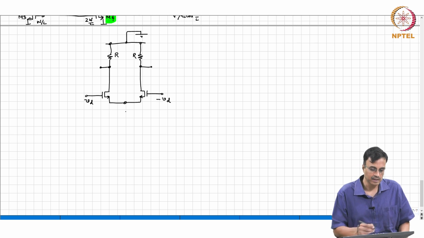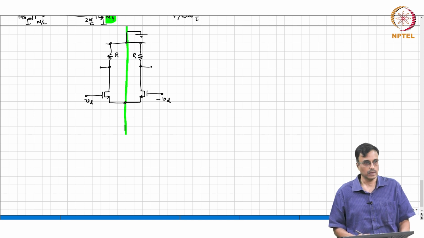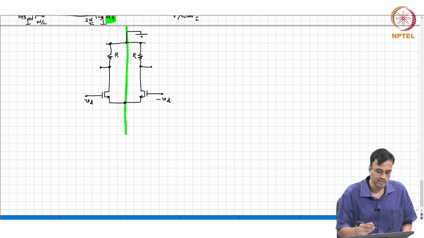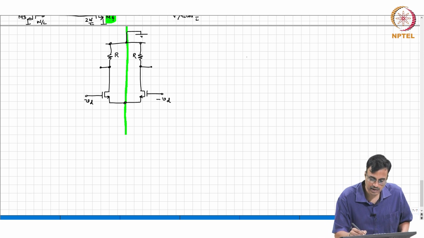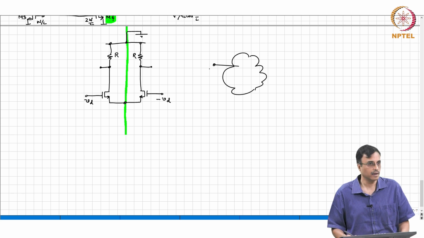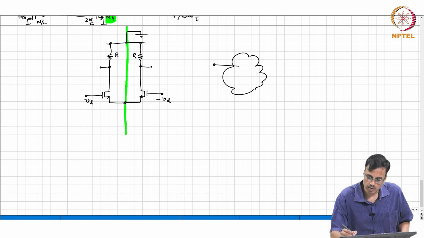So, we see that there is an axis of symmetry, okay, and whenever there is an axis of symmetry, you can always simplify life, right, and let me illustrate. Let us say you have a circuit like this, some arbitrary linear circuit, and let us say there is a copy and paste of that one here.